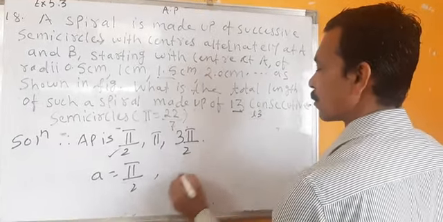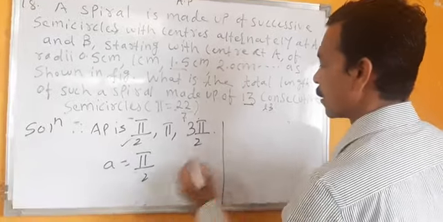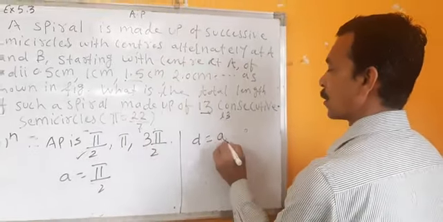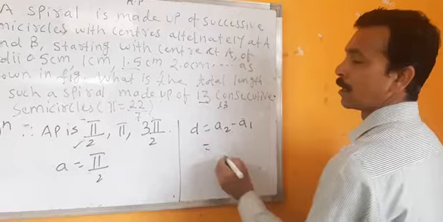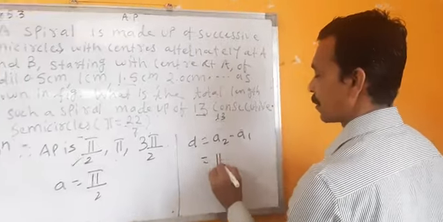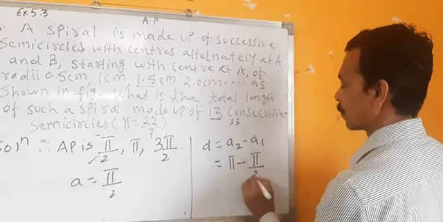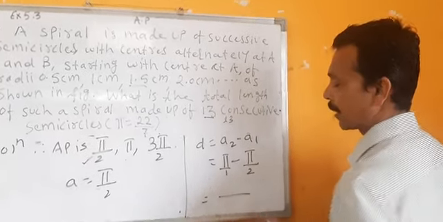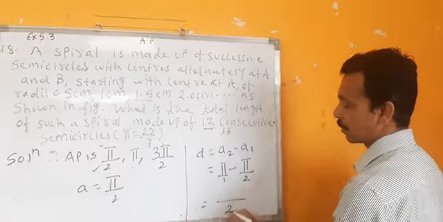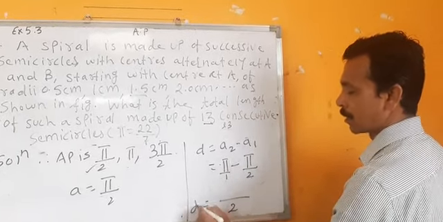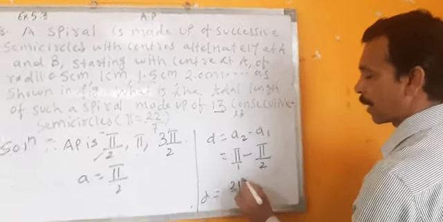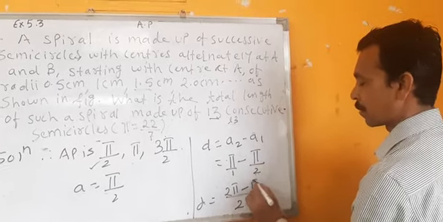Difference D is equal to A2 minus A1. What is A2 here? Pi, minus what is A1? Pi upon 2. Take it as 1 in the denominator. Find the LCM. 2 ones are 2. Do the cross multiplication: 2 into pi, 2 pi minus pi ones are pi.